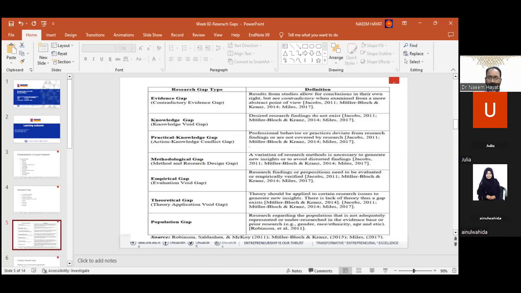These are empirical gaps. It means the top researchers in a certain field or area are suggesting to move further in the exploration of the topic, and they are proposing the relationship or association among the variables under study in the knowledge area. So these are empirical gaps.